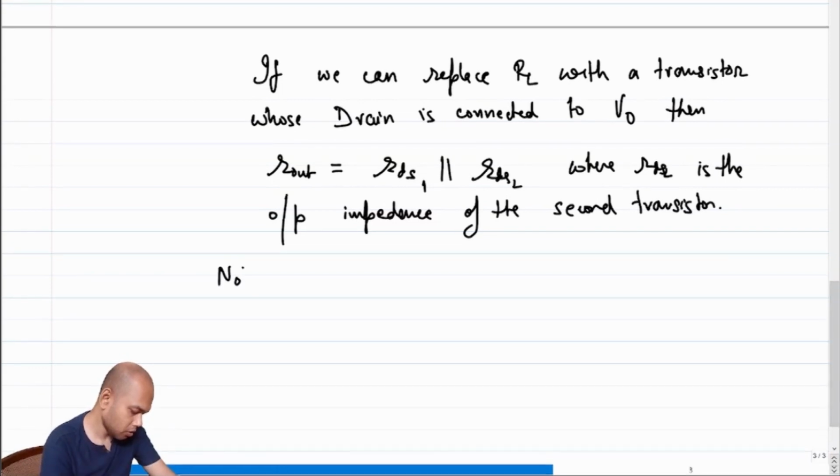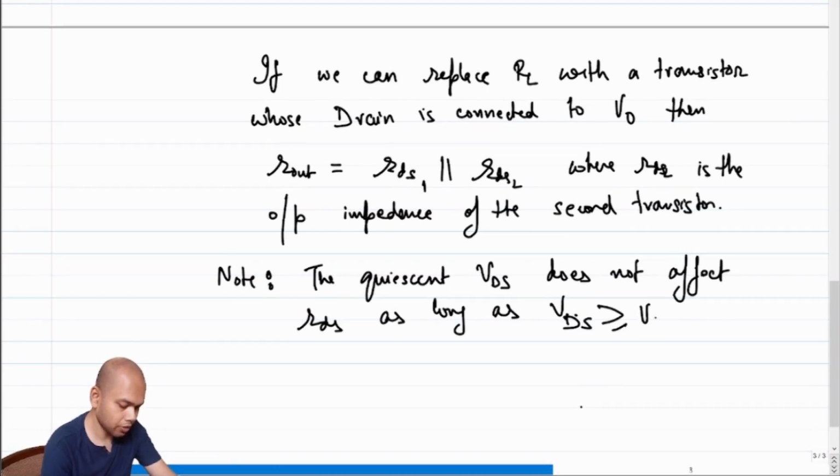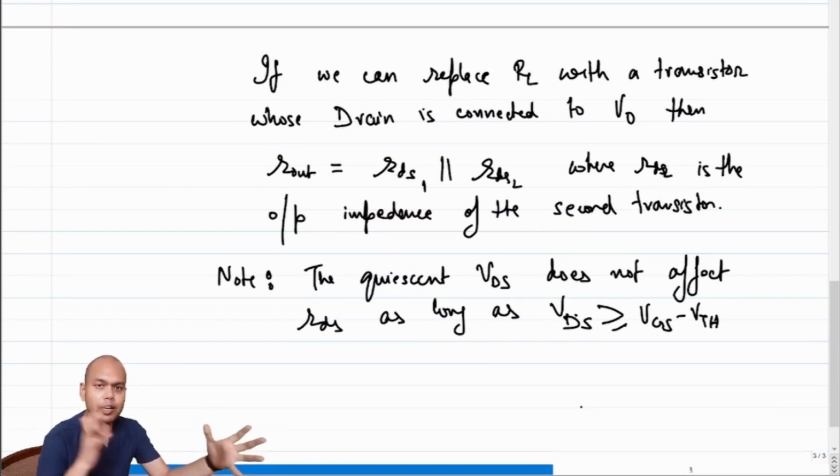So note that the quiescent VDS does not affect RDS as long as VDS is greater than or equal to VGS minus threshold voltage. So this is a big positive. In essence, we will be able to decouple the gain from the quiescent conditions.